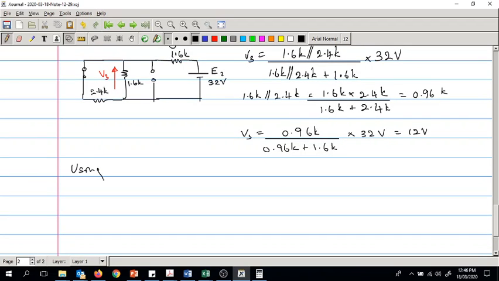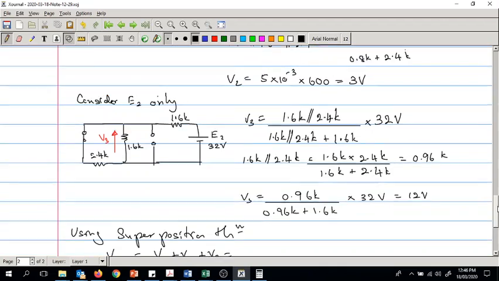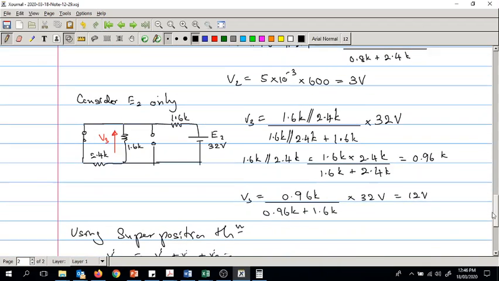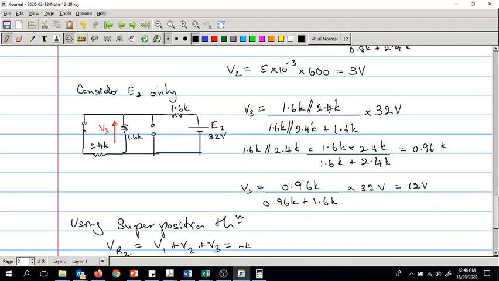So now, using the superposition theorem, VR2 is equal to V1 plus V2 plus V3. V1 is minus 4 plus 3 plus 12, which is equal to 11 volts.